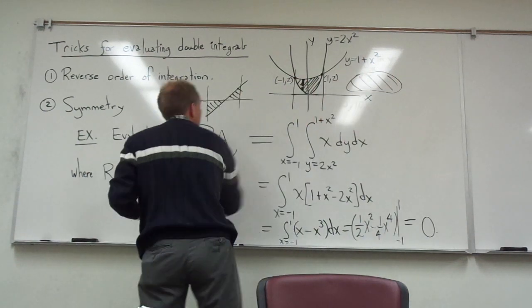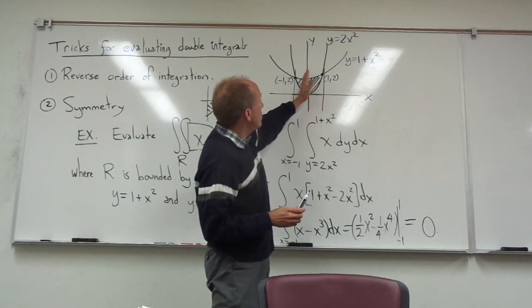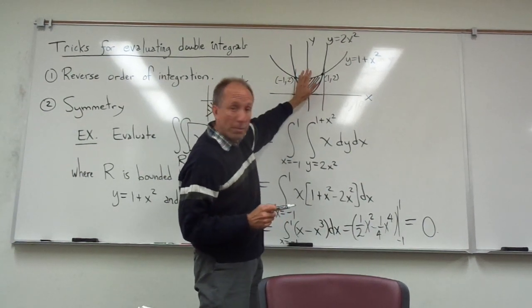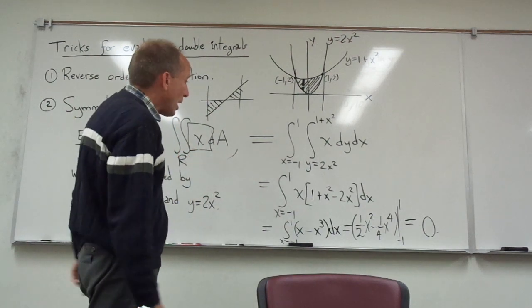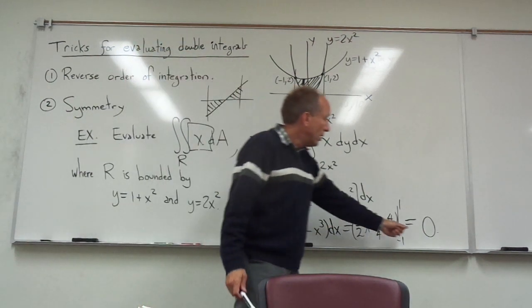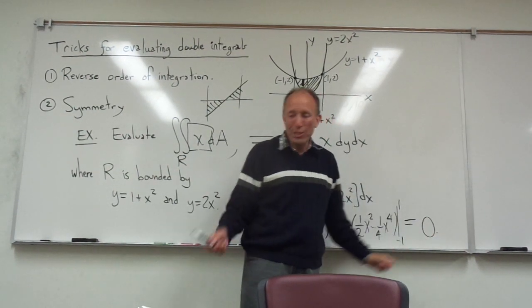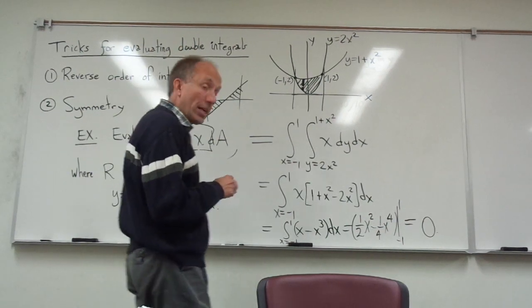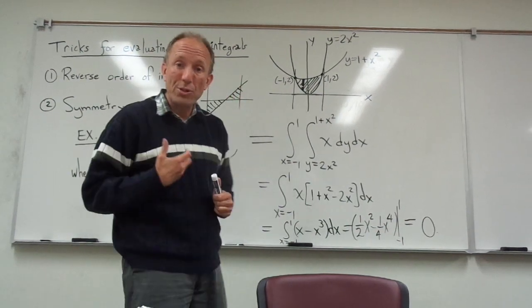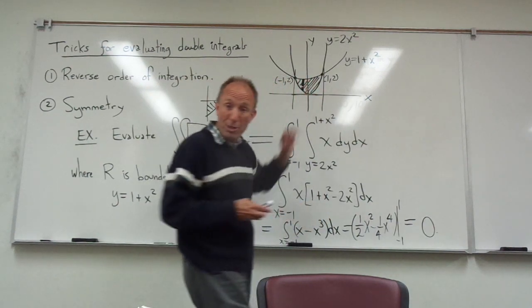But if my region R cuts into a part of the plane where the function is negative, then I'm not surprised at all to get an answer that's not a volume. 0 is not the volume of anything, but it is what the double integral reports as the answer. The double integral is going to report 0 because of the symmetry.